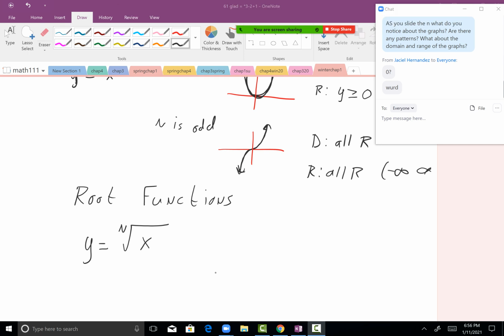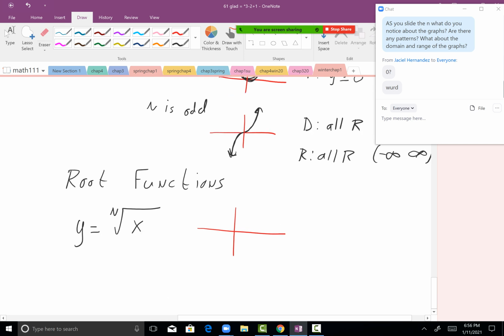All right, so again, we're looking for patterns of things that happen when you slide N. What'd you find out? When you put even numbers, it goes from 0 to like a positive, like forever. I don't know. It goes to the right side forever.